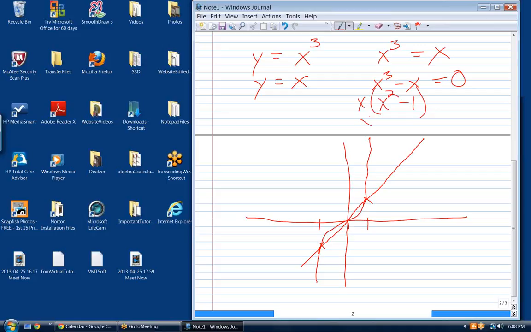So x equals 0, x equals 1. I'm going to keep factoring this thing, even though we didn't really need to factor that to get the plus and minus 1. So there are 3 points, -1, 0, and 1, which is this point, and this point.